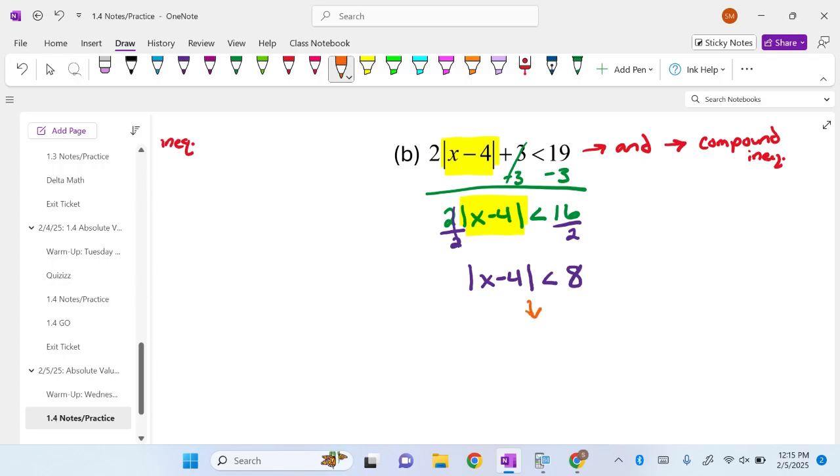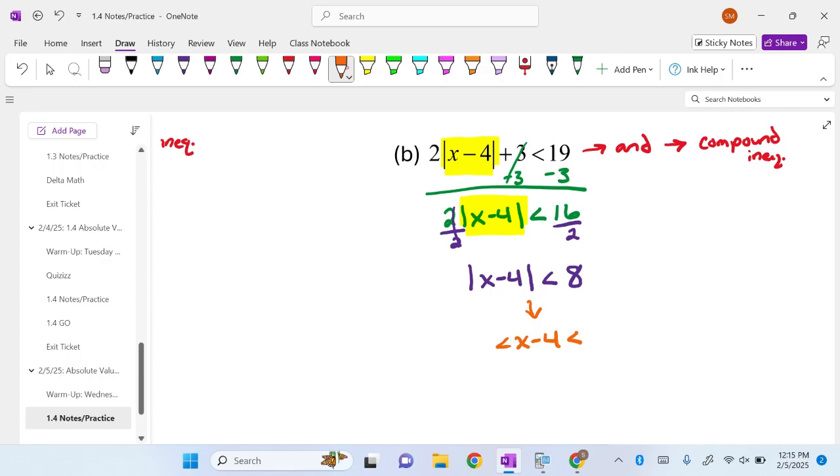So remember, you're still going to have the x minus 4. That's going to be in the middle. And then you have two less than signs on each side of that. Now, what goes on the left of x minus 4? What number? Remember, we need a positive and a negative of 8.